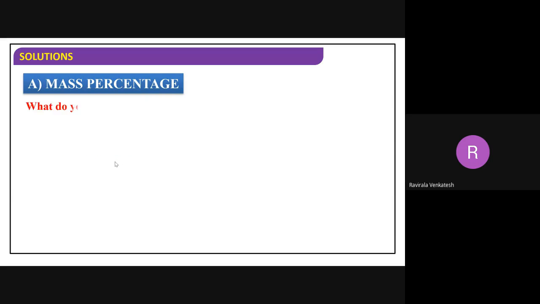The formula is very simple. Now tell me what is the weight of glucose, beta, in this case? What is the mass of glucose? Do fast. 35 grams only. Why? Because I told you, the percentage is the weight of the solute if you take the solution as 100 grams.